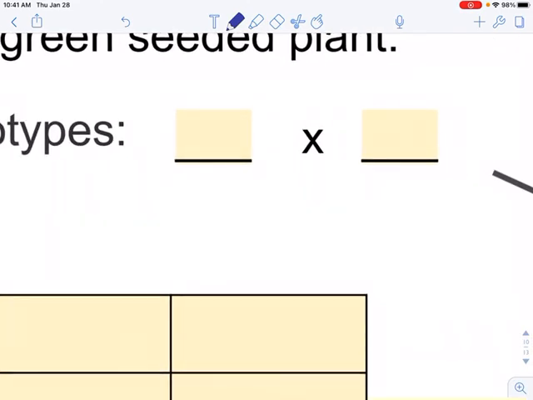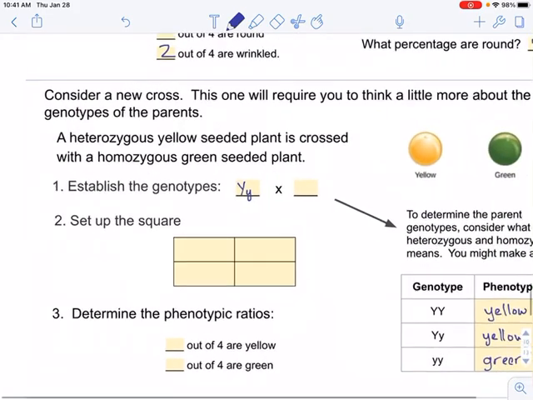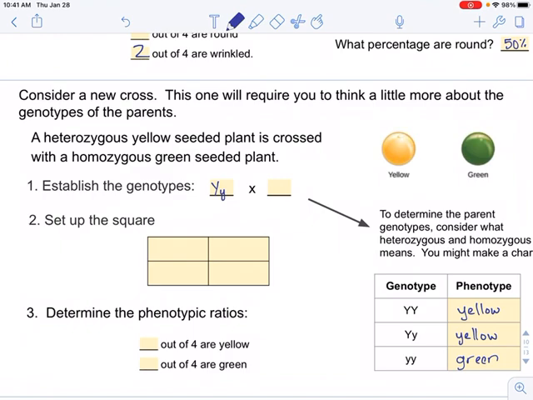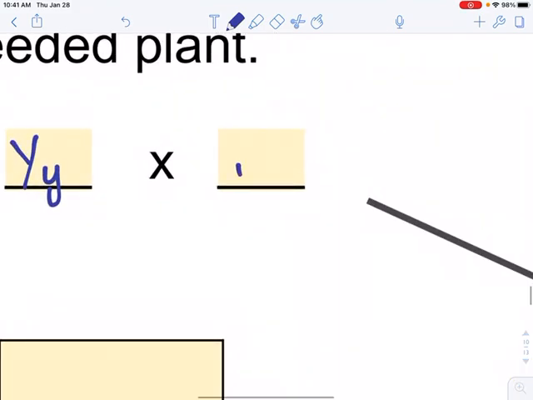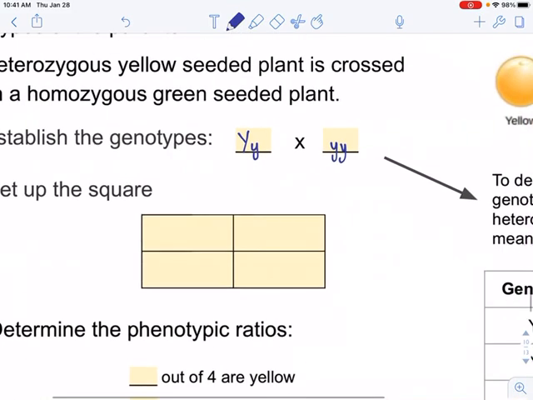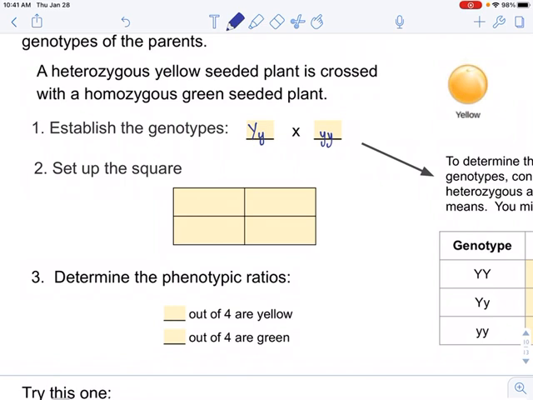Hopefully you said that heterozygous yellow is big Y, little y. And then in order to be crossed by a green seed, what would the green genotype be? This should be little y, little y. So those are our parent genotypes. We use them to fill out the side of our Punnett square and the top.